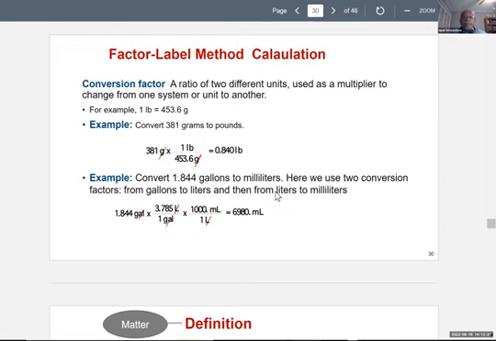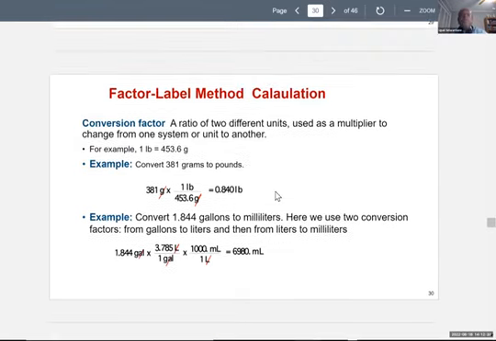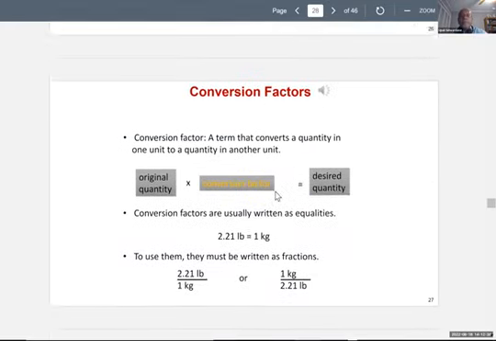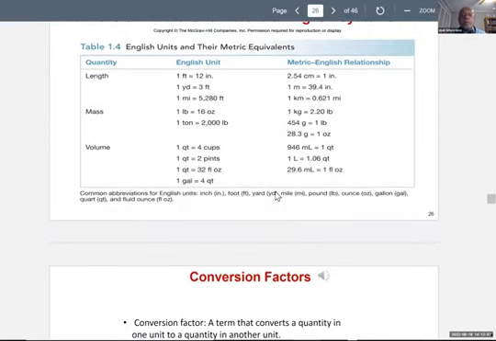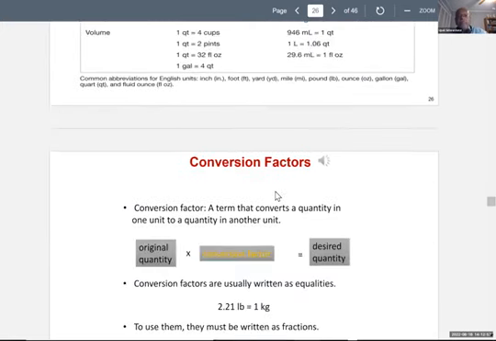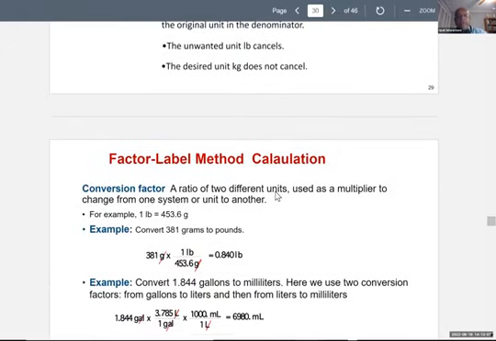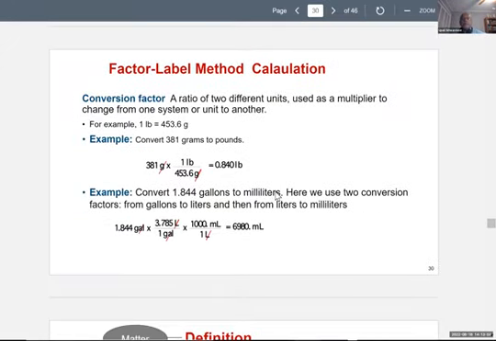How do you change grams to pounds? You look in the table here, which I have given you. Where is that? This one. 453.6 grams is 1 pound. You can use that. I'm not sure it's the same thing you have; it could be the other way around, 454.